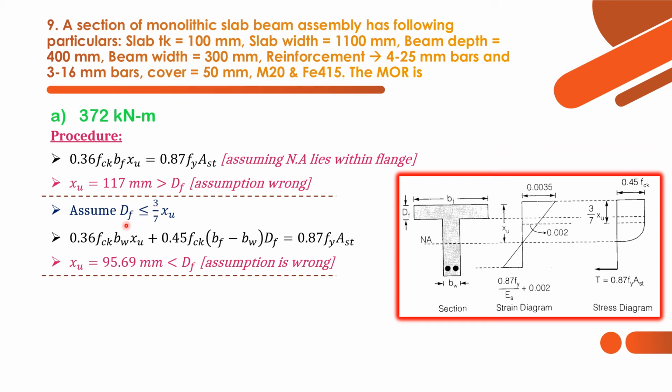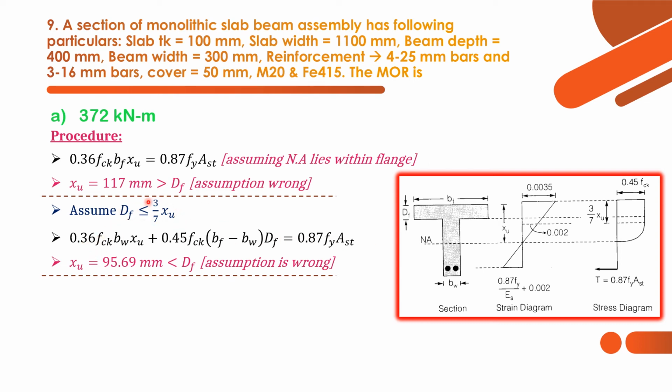Then assume DF is less than 3 by 7 XU. In the first step we assumed XU is lying within the flange, but that assumption was wrong. Now let's move on to the second assumption. DF, that is the depth or thickness of flange, is less than or equal to 3 by 7 XU, and we calculate using this relation.